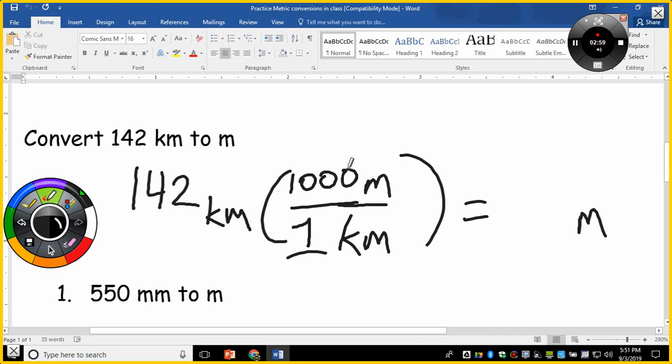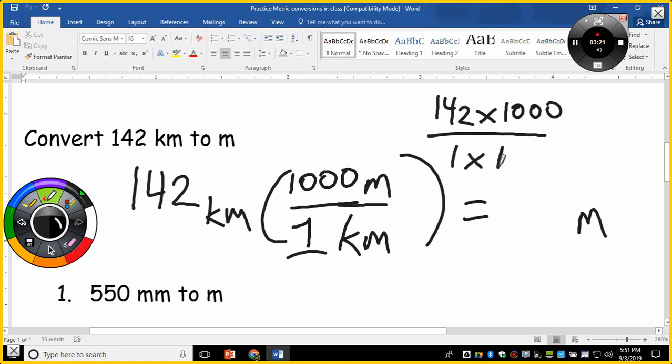Now I'm ready to do the math. I take my 142 times 1,000. If it was longhand form, it would be 1 times 1.